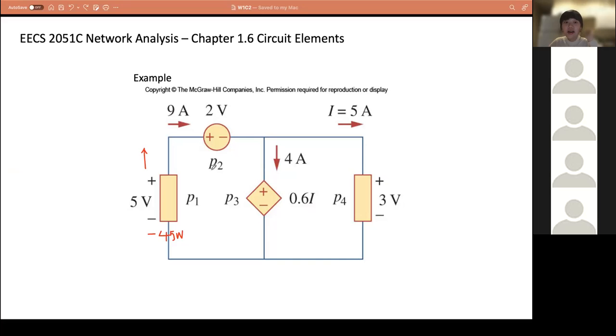For P2, first of all, identify what it is. You don't have to, but since we just learned this concept, that's what I like to do to practice your understanding. Here we have a circle, so it's an independent source, and we have polarity signs on it, so this is an independent voltage source.